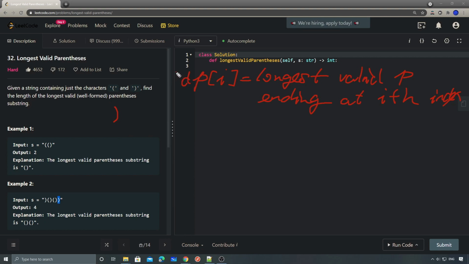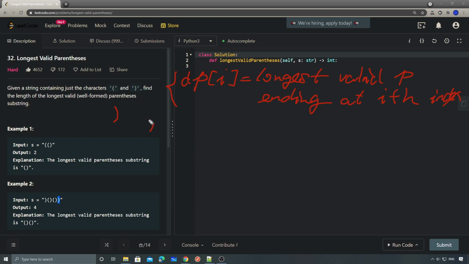So if we define the dp function in this way, how about the state transition function? How can we get dp[i] from the previous states? I think there are two scenarios.